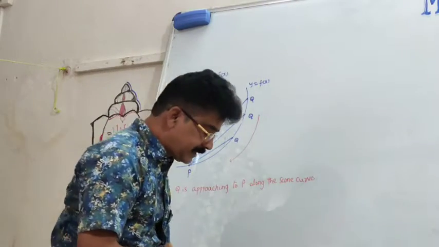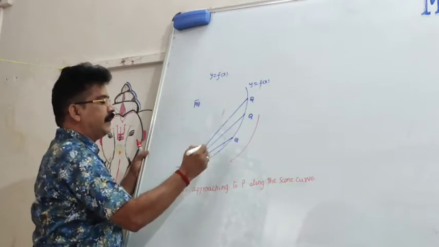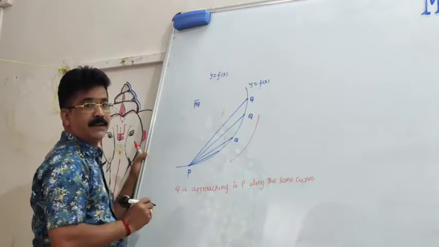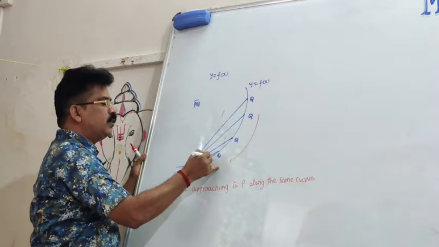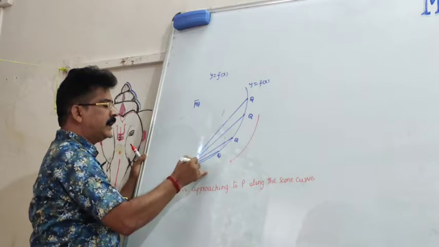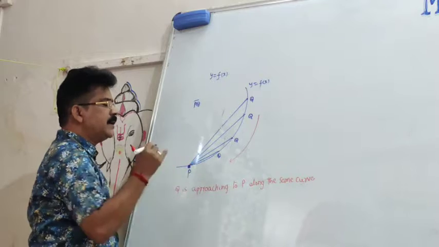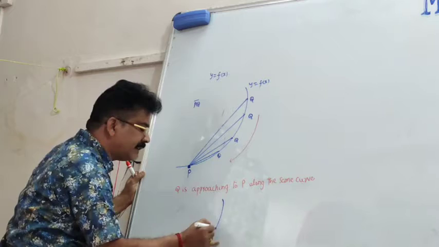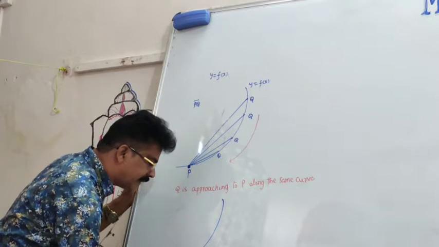Understand? Next, for example, Q is here, then the chord will be reduced like that. Ultimately, in the last position, Q coincides with capital P. So the final stage will be like that.